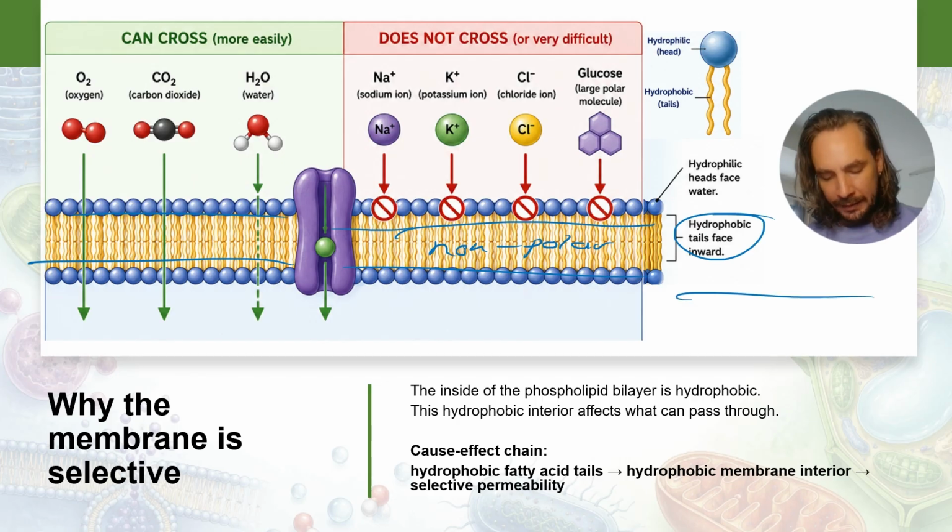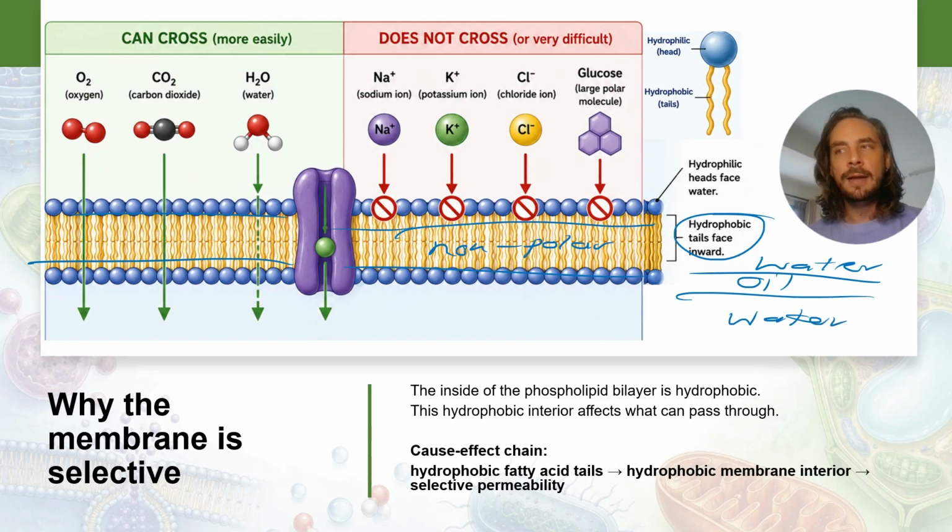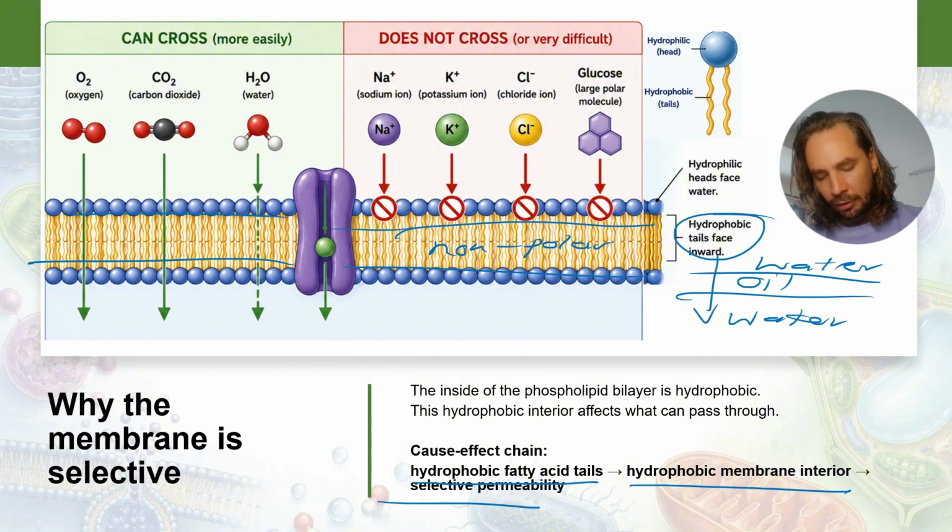So it creates this oil and water layer, and it separates the inside and the outside of the cell. The hydrophobic fatty acid tails make up the membrane interior, and this leads to selective permeability. So it can control what crosses this layer.